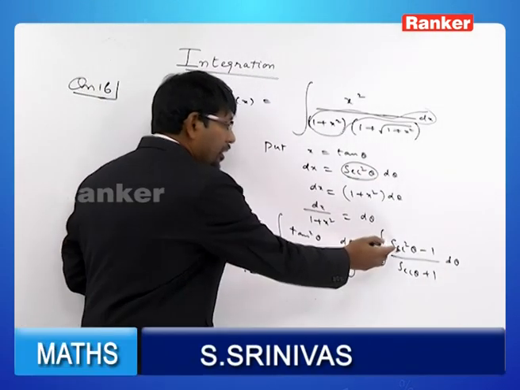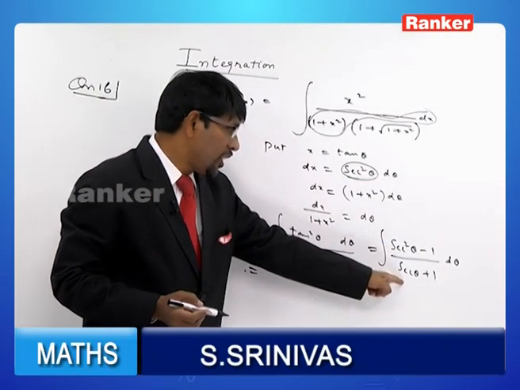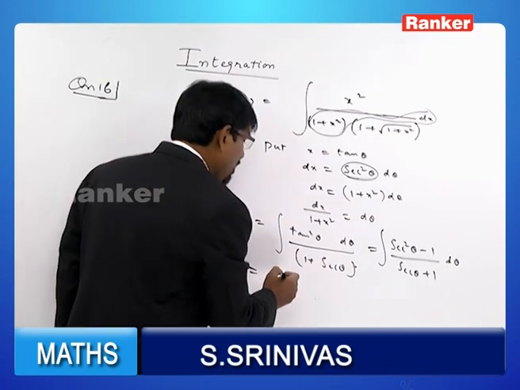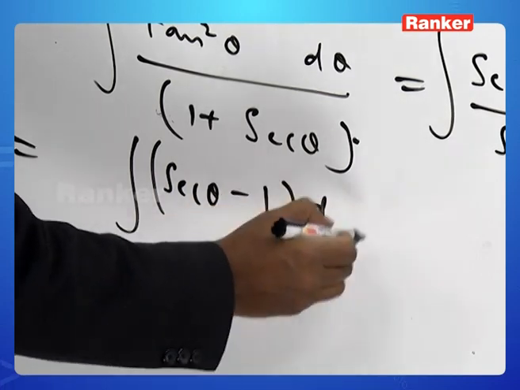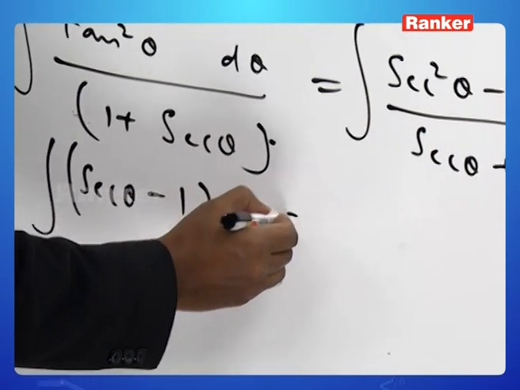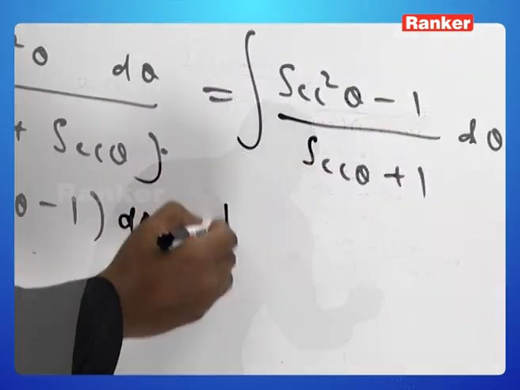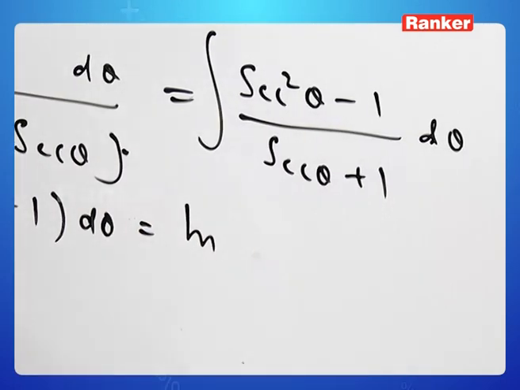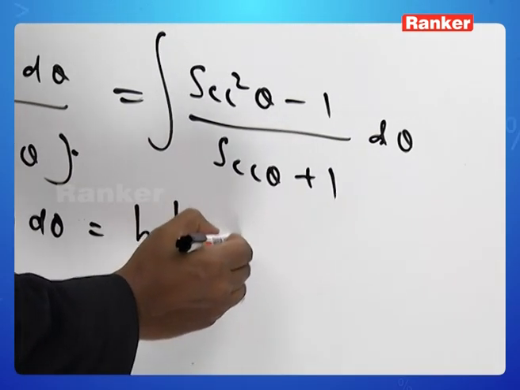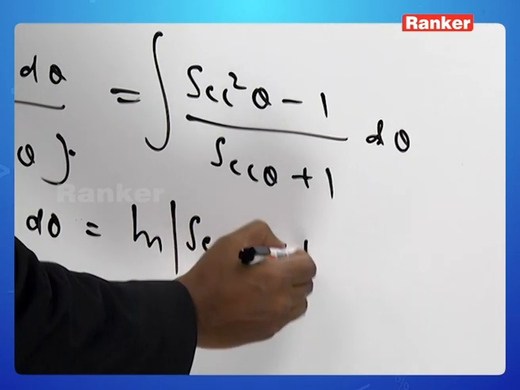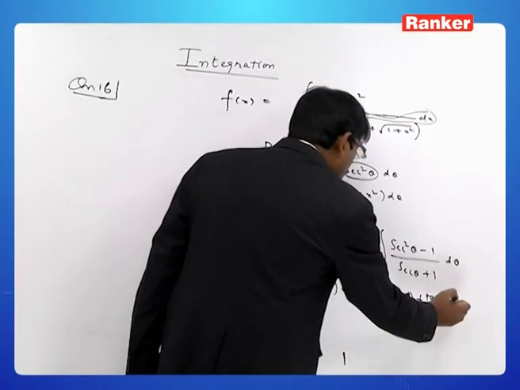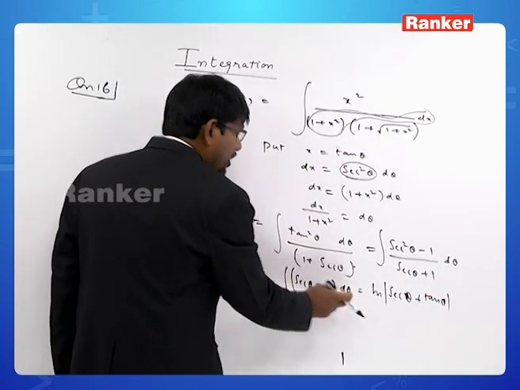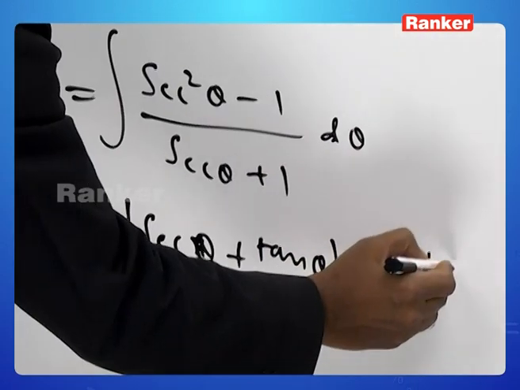So now secant square theta minus 1 divided by secant theta plus 1 will be secant theta minus 1. So integral of secant theta minus 1 d theta. So that makes it log mod secant theta plus tan theta, and minus integral of 1 is theta, plus c.